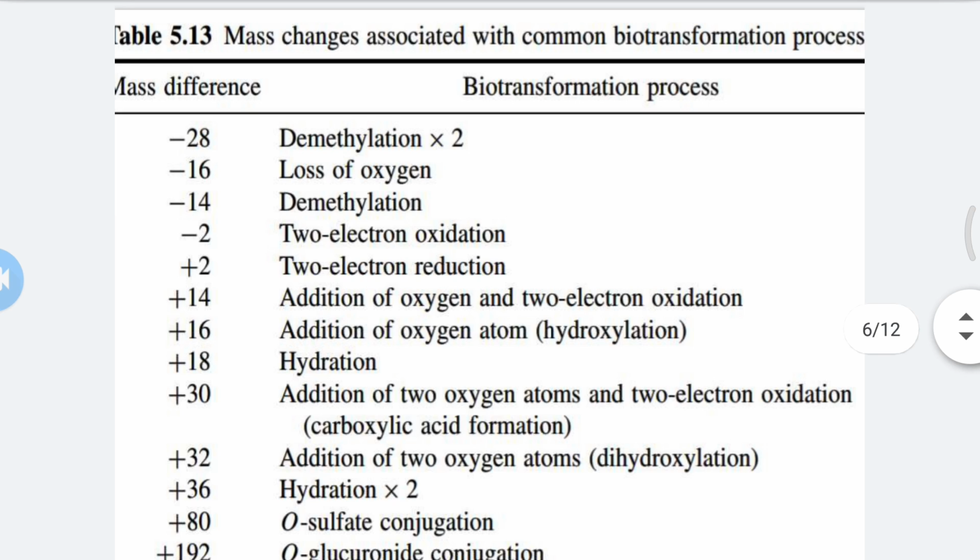If two electrons are lost, or oxidation takes place, then molecular weight decreases by 2 units.